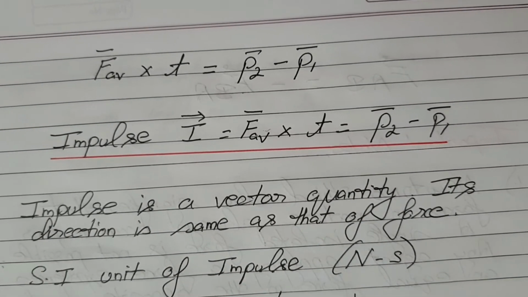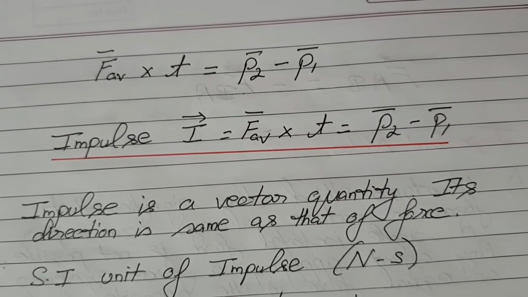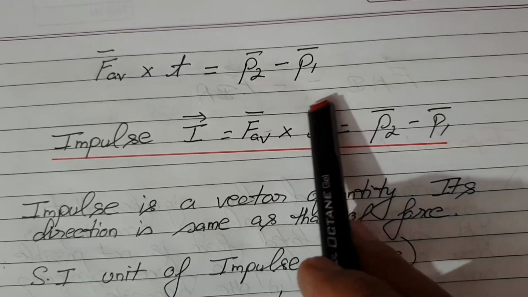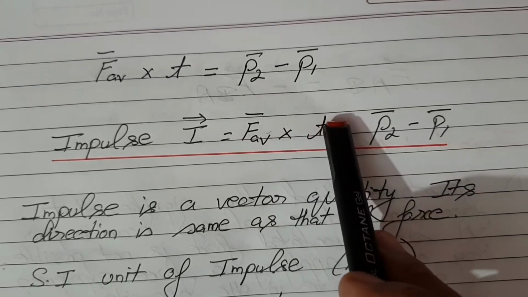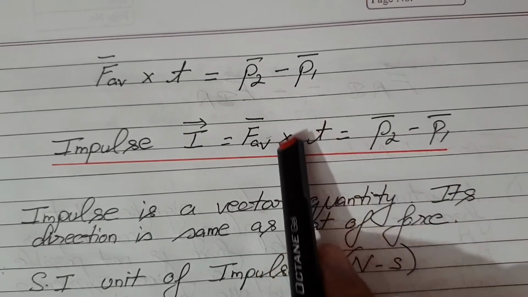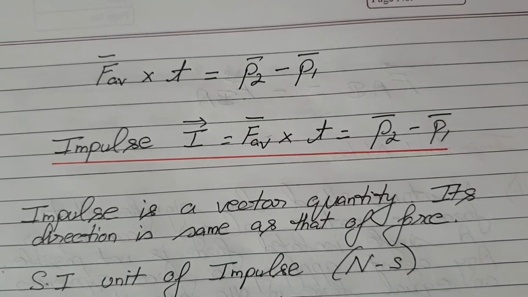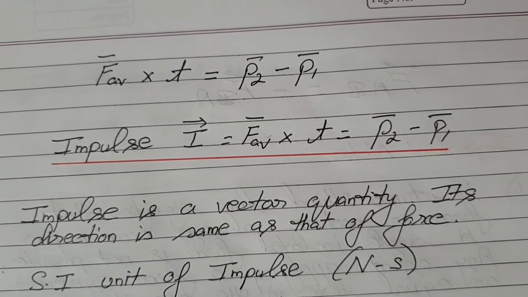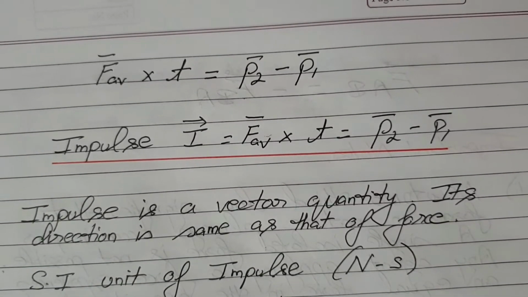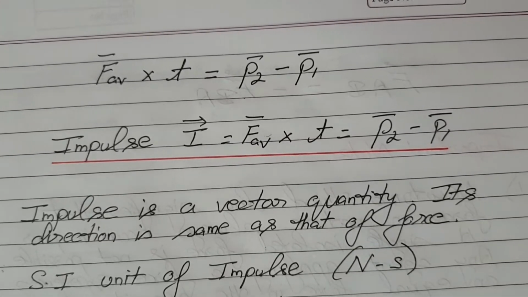Similarly, if a person falls on a heap of sand, the sand yields, which increases the time to stop. Taking F_av into t as constant, if you increase the time of stop, the force will decrease, so the force with which the person hits the sand will be much smaller, hence the person is not hurt.